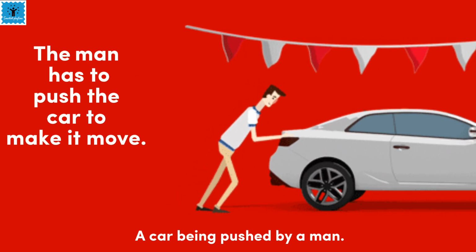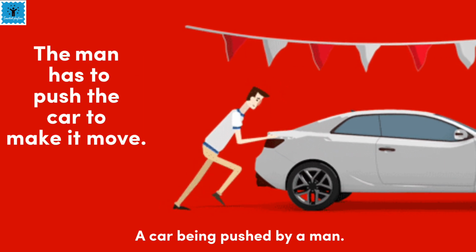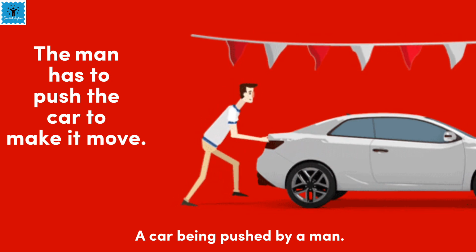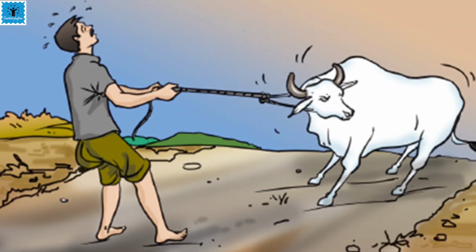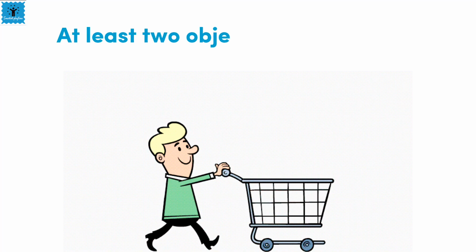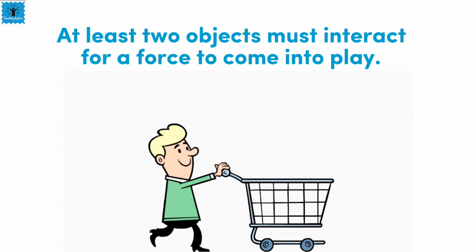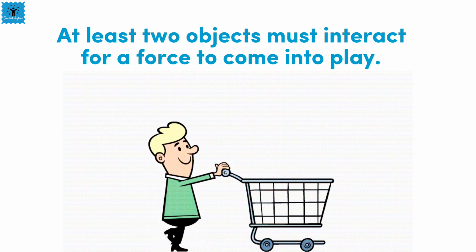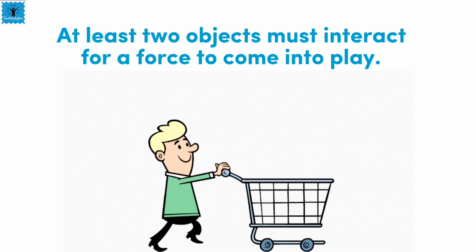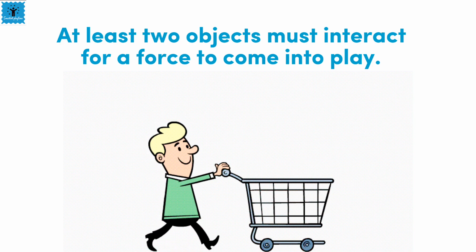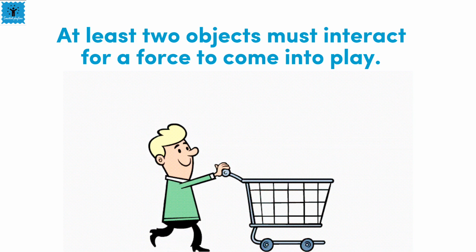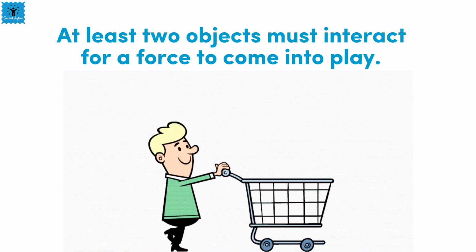So in this case, we conclude that the man has to push the car to make it move. And in this case, the cow and the man appear to pull each other. From these examples, we can conclude that at least two objects must interact with each other for a force to come into play. An interaction of one object with another object results in a force between the two objects.